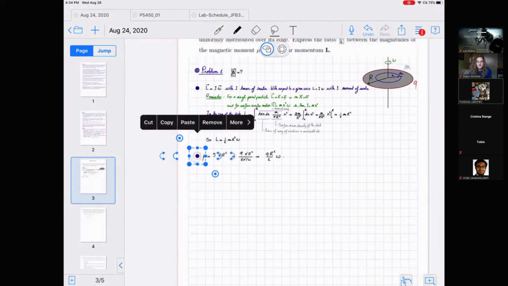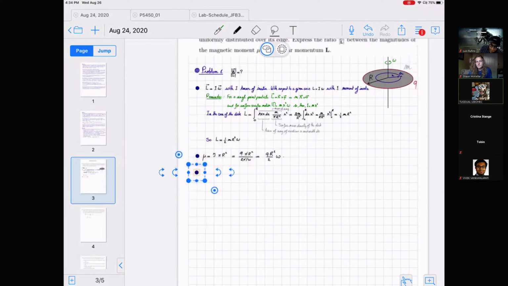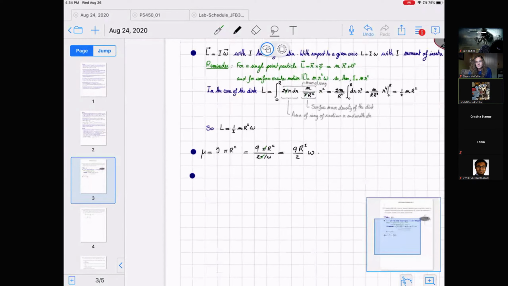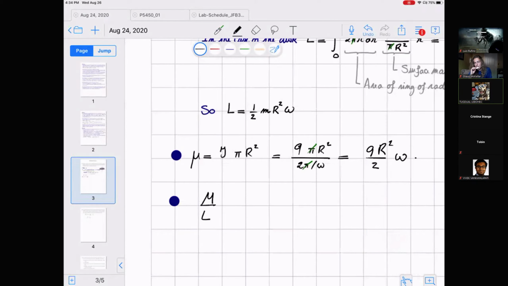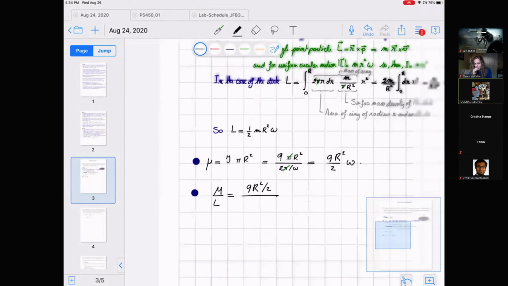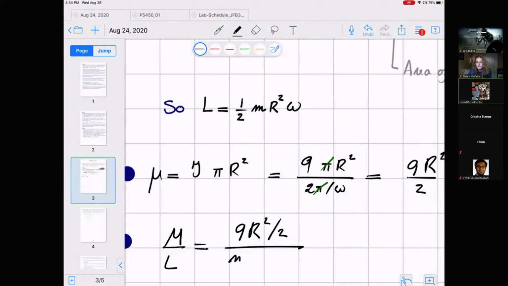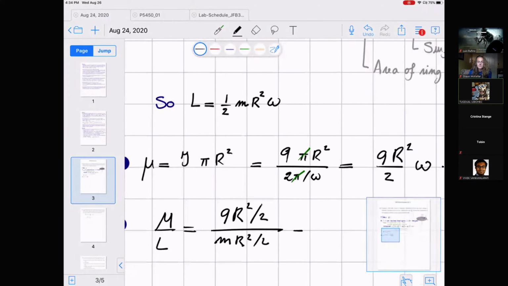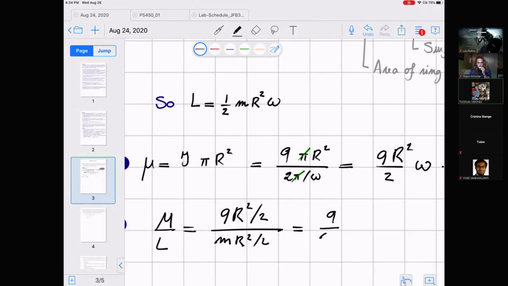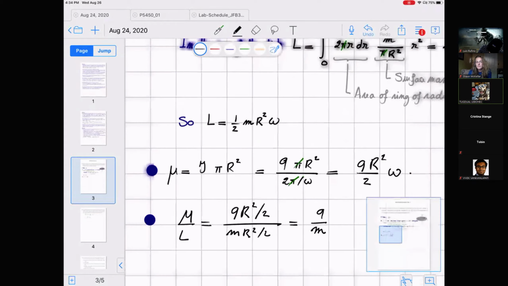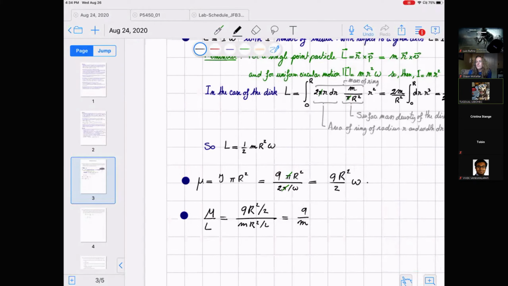And so then we can do the ratio, and we see that mu over L is going to be equal to q r squared over 2 divided by M r squared over 2. So we just end up with q over m.